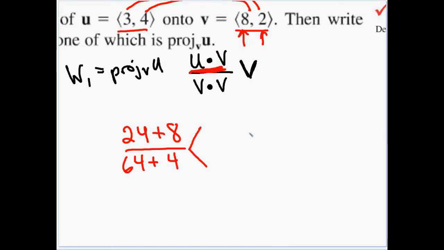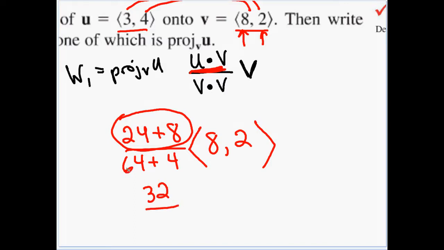And that will be a fraction that we will distribute across vector v, which is 8, 2. So 24 plus 8, that's 32, over 64 plus 4, that is 68.